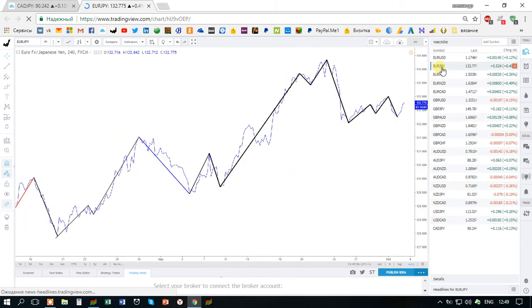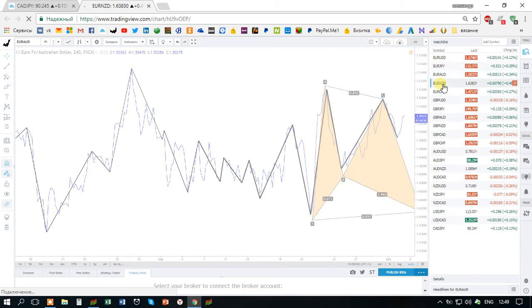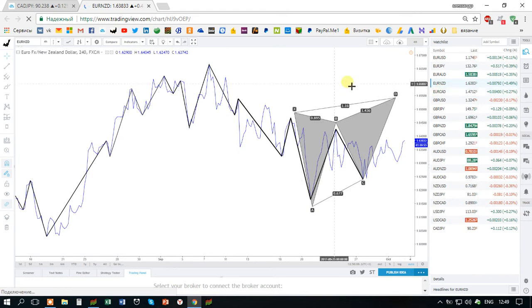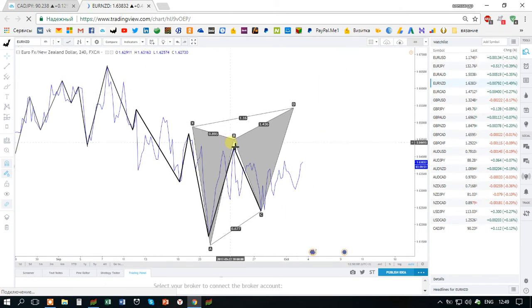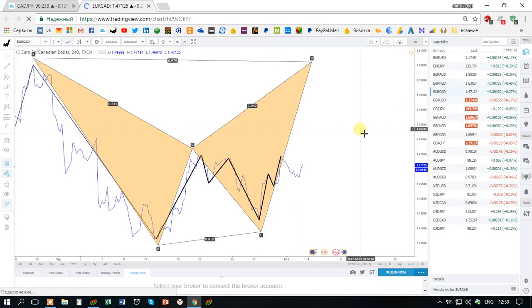Euro yen is the next one, nothing. Euro Aussie, well, pretty far from completion. Euro New Zealand, this is the butterfly advanced formation. We have a pattern on 1 hour that will complete a bit earlier. Nothing here.